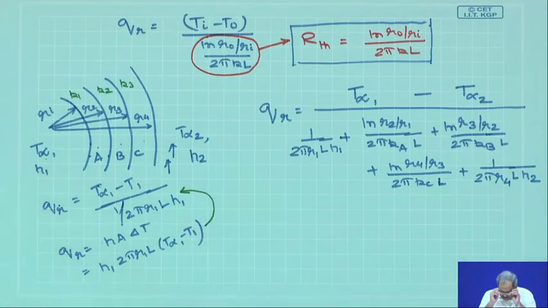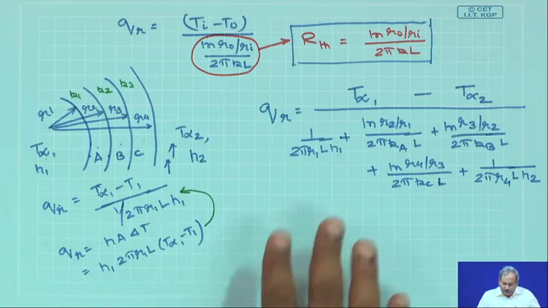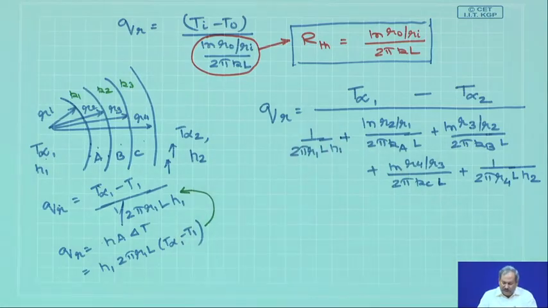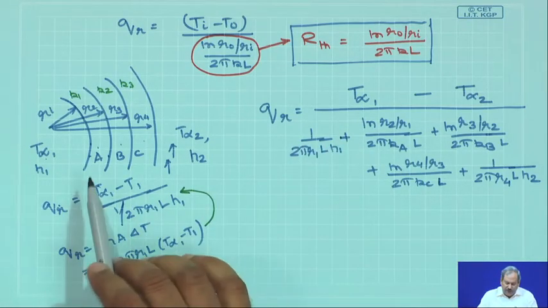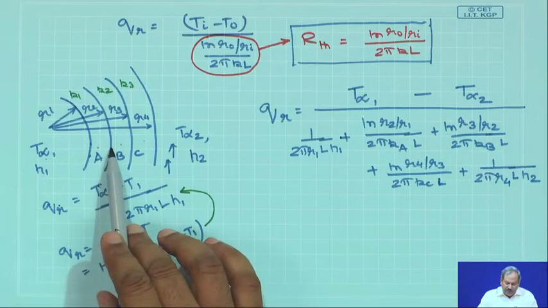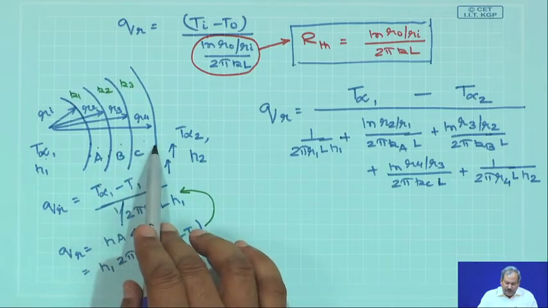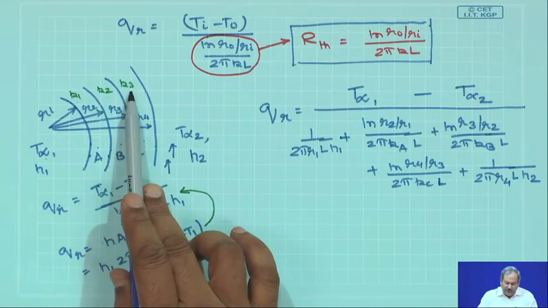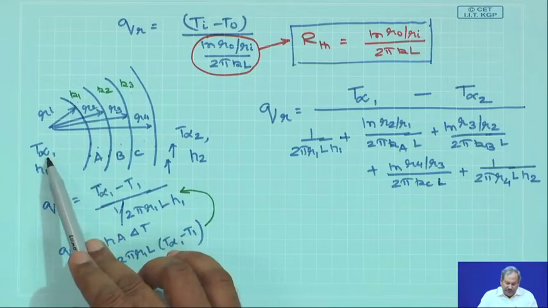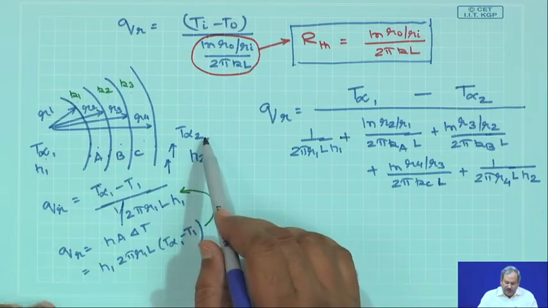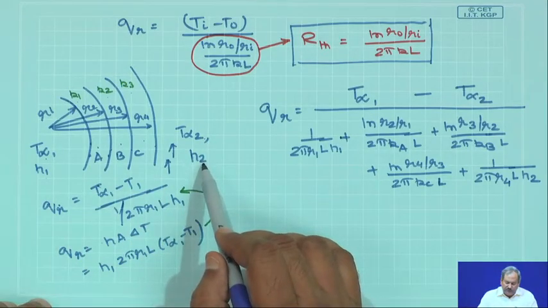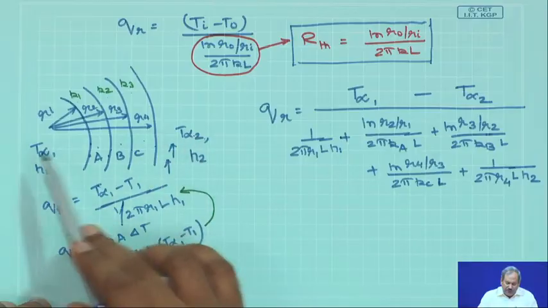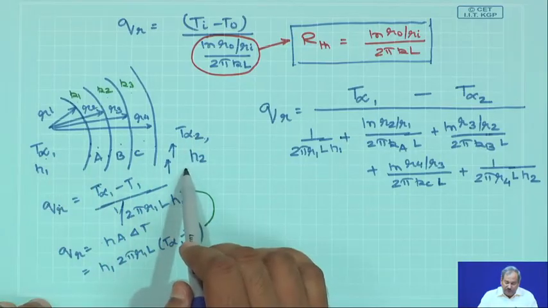So I think it is clear to you now what happens when you have multiple radial walls, one after the other, of different thermal conductivities. The inside is exposed to a convection environment, the outside is also exposed to another convection environment, with 2 different temperatures and 2 different heat transfer coefficients.